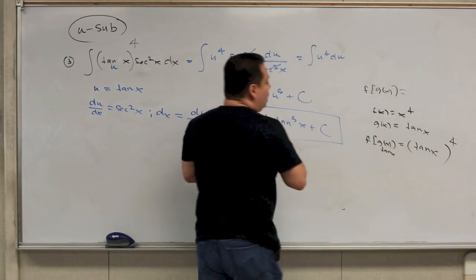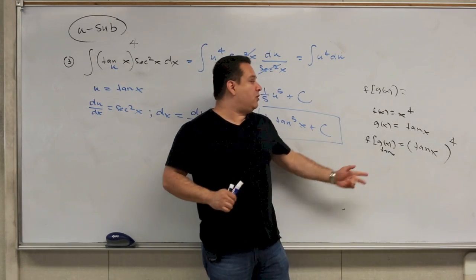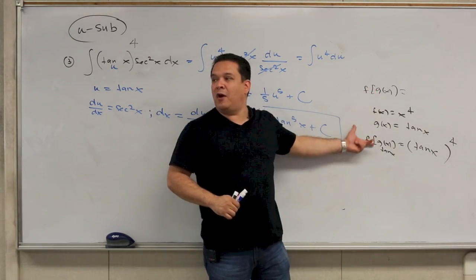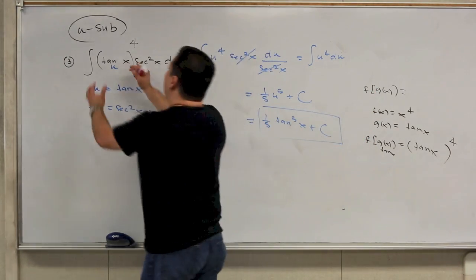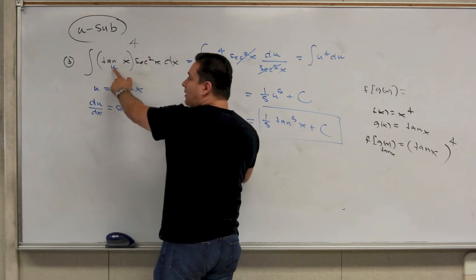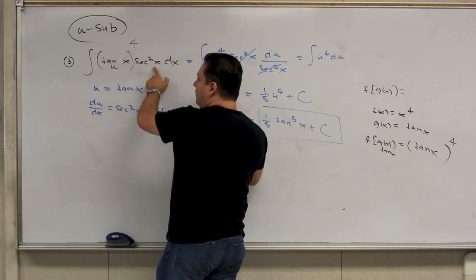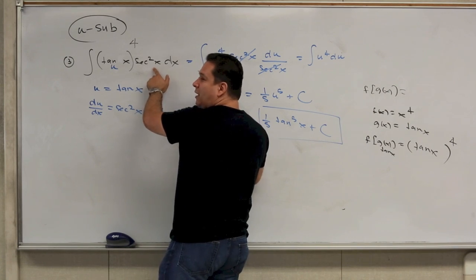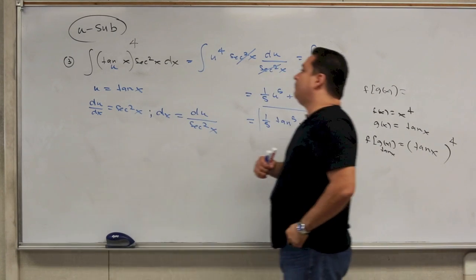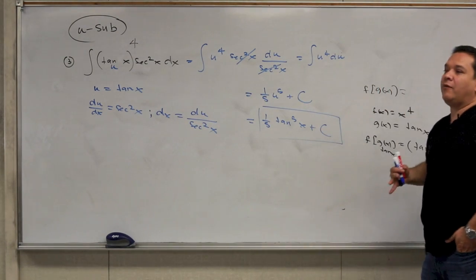So in some ways, I just go back to my composition of functions, and I notice that within my parentheses to the 4th power, if I let u be tangent, what's the derivative? It's secant squared. So you're going to have that cancellation. That's what we're doing with all of them.